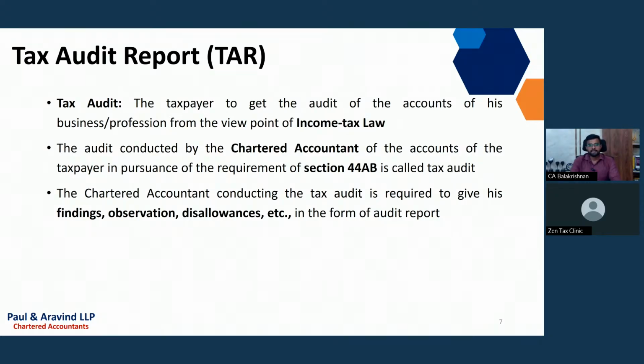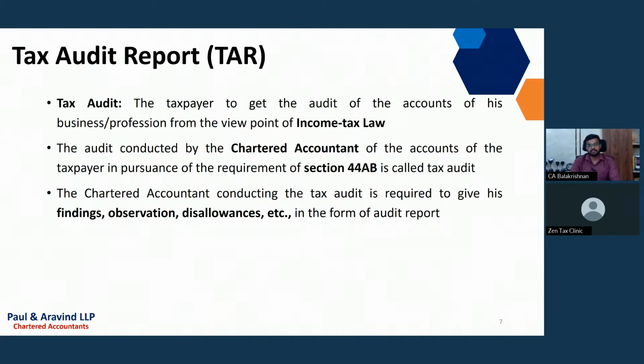The CA conducting the tax audit is required to give his findings, observations and disallowances in Form 3CD in the form of an audit report. That is, in case of Form 3CA, the chartered accountant needs to give his observation or qualification in Form 3CA or 3CB, as the case may be. 3CA is applicable generally for companies, that is, assessees who are subject to audit under any other law.